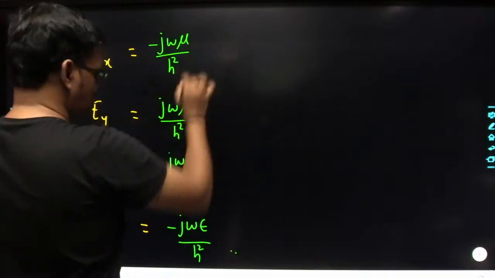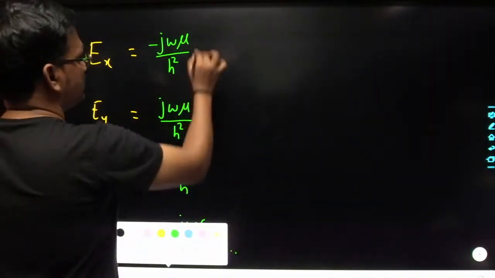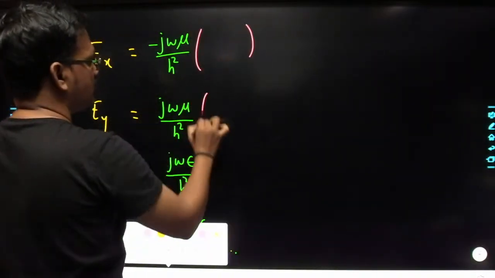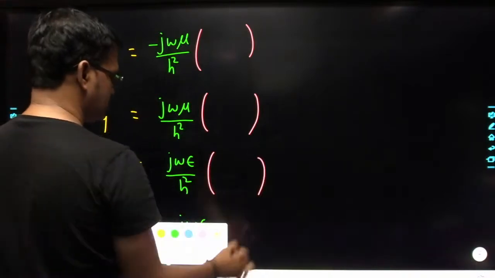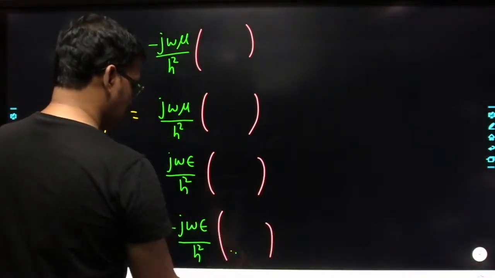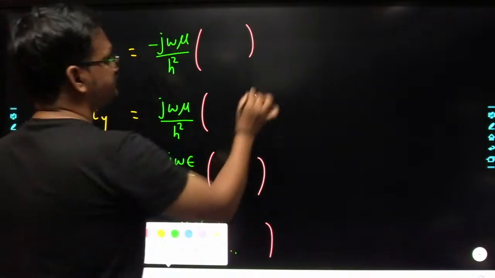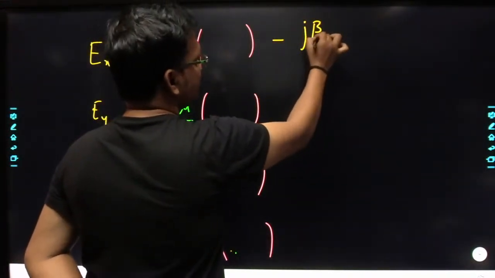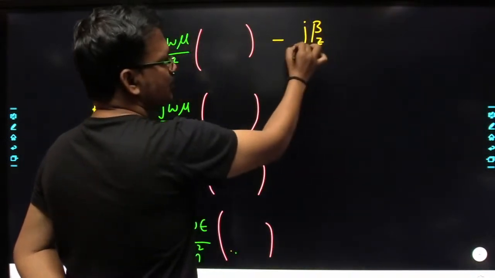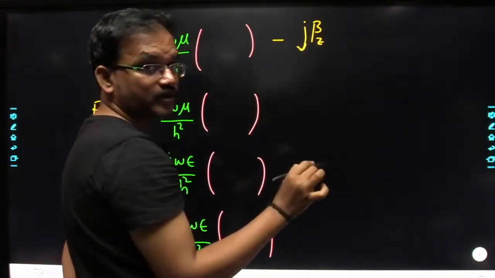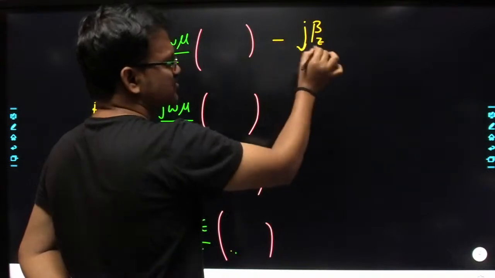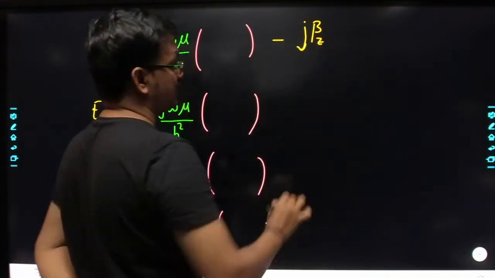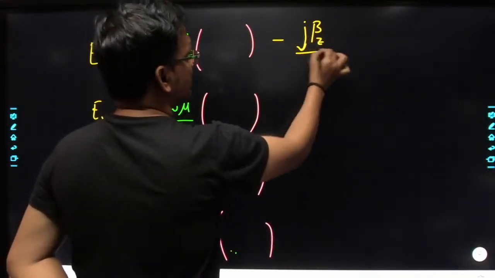Next, you are going to get one differentiation term here. I will explain what that is. And next you are going to have a minus sign, and j beta z by h square. Beta z is the phase constant along the net propagation direction.